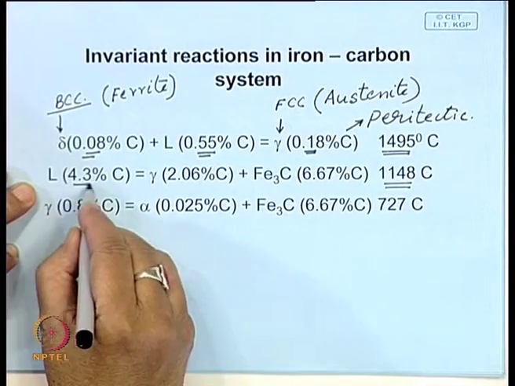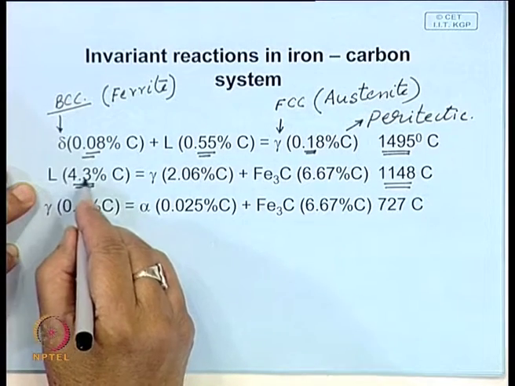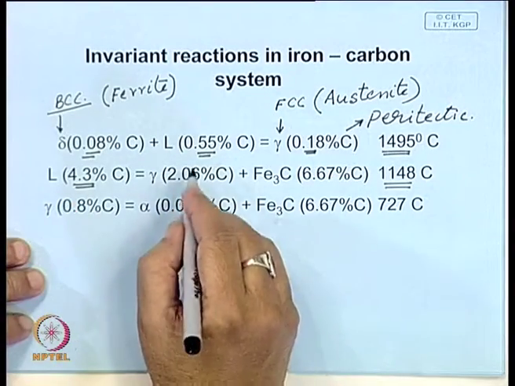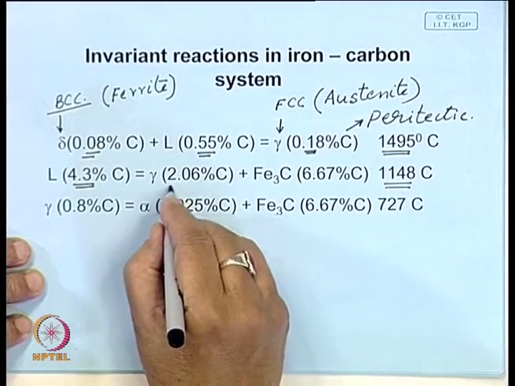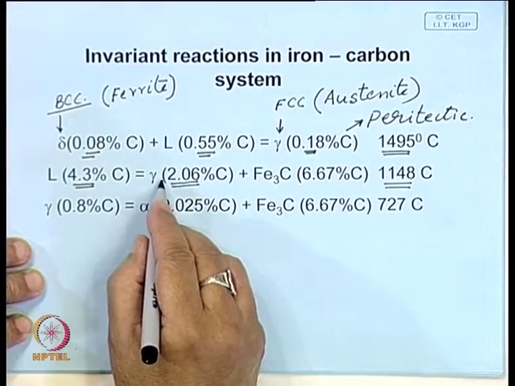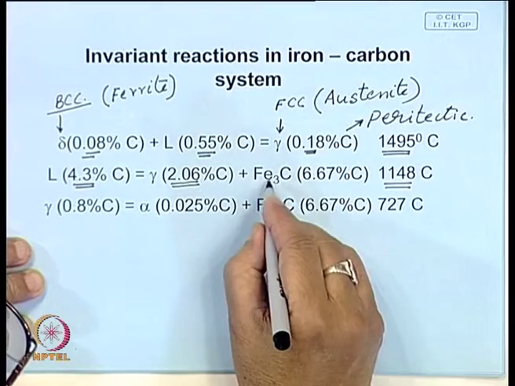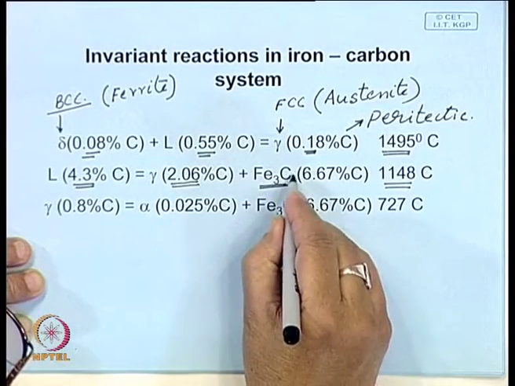And next, at a little lower temperature at 1145, there is another reaction taking place. This liquid, having a fixed carbon content, that is 4.3% carbon, breaks down into a mixture of 2 phases. This is gamma, which is called austenite, and look at it, here carbon content is around 2%, and a carbide which has a definite composition, Fe3C.